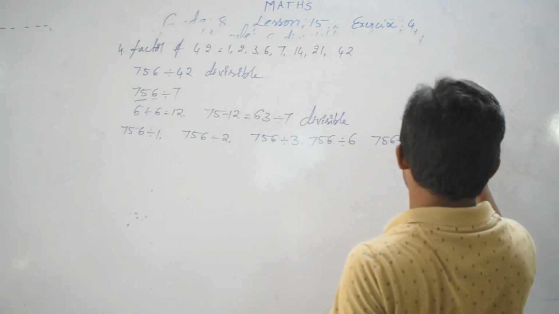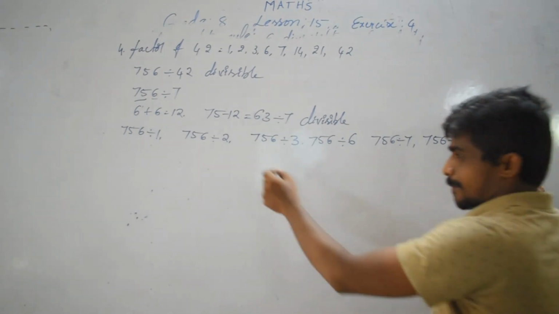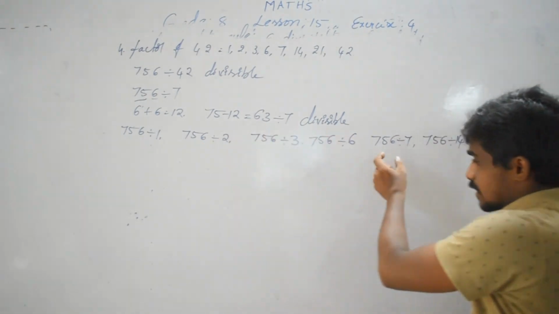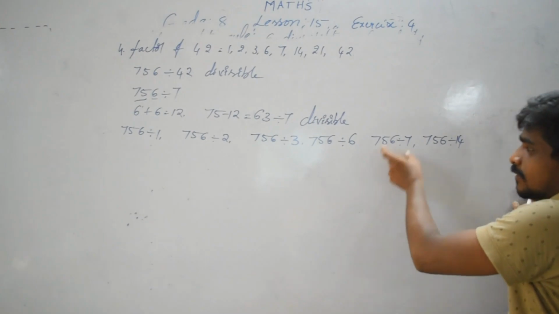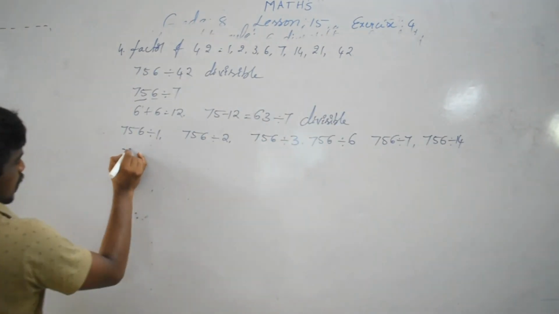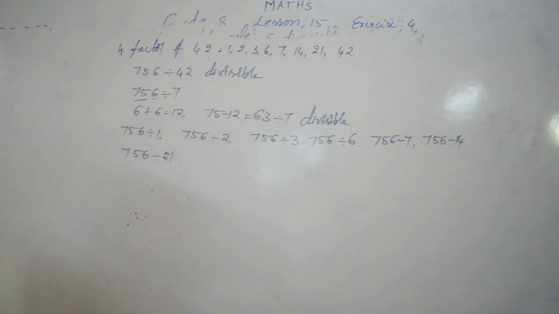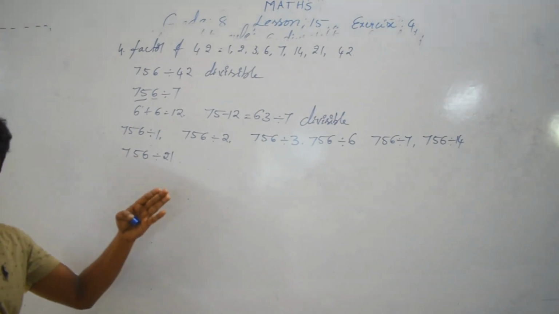756 divisible by 14. What is the 14 divisibility rule? A number divisible by 2 and divisible by 7 is also divisible by 14. 756 divided by 21. What is the 21 divisibility rule?